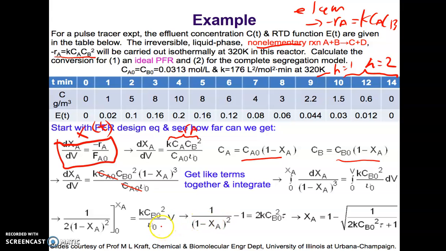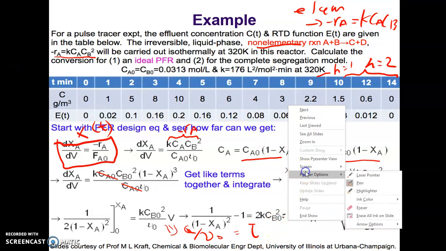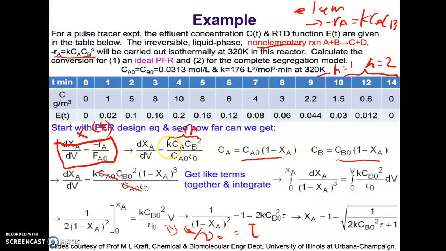And then in the end you rearrange, and it will be this equation. So bear in mind V over v0, where V is a volume and v0 is your volumetric flow rate, is actually your tau. So that's why the equation becomes like that. When you rearrange back, your XA will be an equation like this.